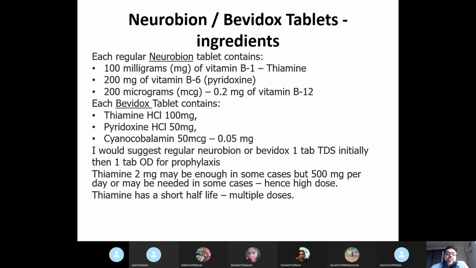Bavidox is again 100 milligrams of thiamine, pyridoxine is 50 milligrams, which is a little less, and cyanocobalamin is 0.05 milligrams. So Bavidox is mainly thiamine. You can use any because the main ingredient you want is thiamine, but Neurobion will be good because it has B6 and B12 in larger quantities.